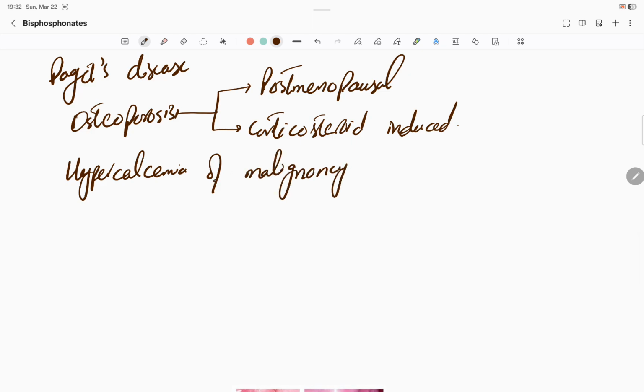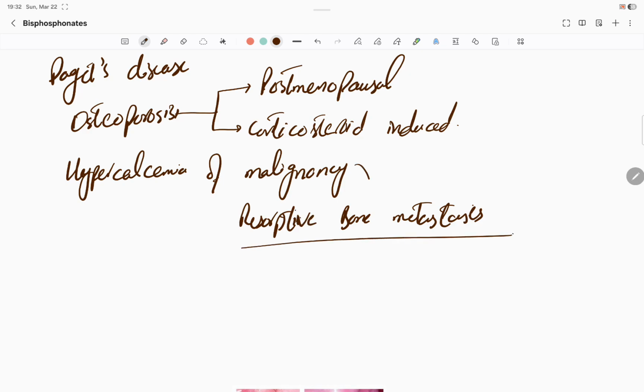Say for example, if a patient is suffering from bone metastasis, or you can say resorptive bone metastasis, then it can be declared as hypercalcemia of malignancy.